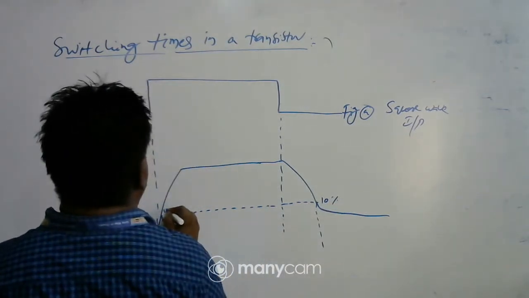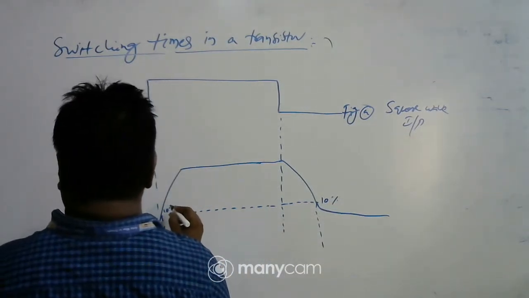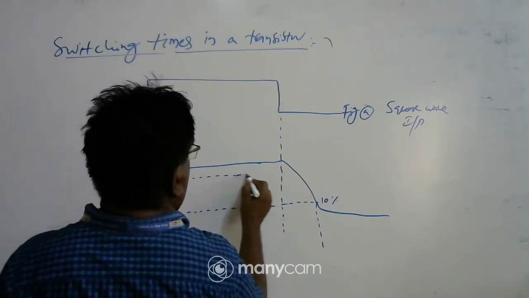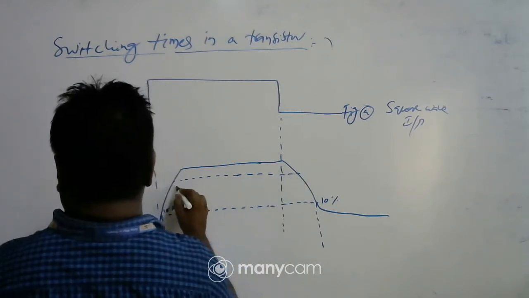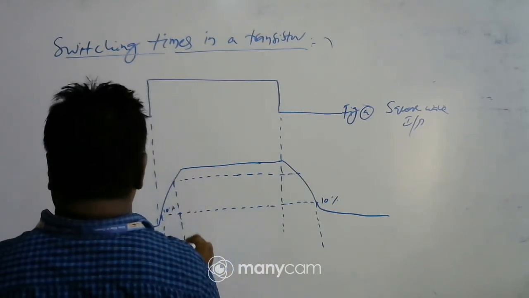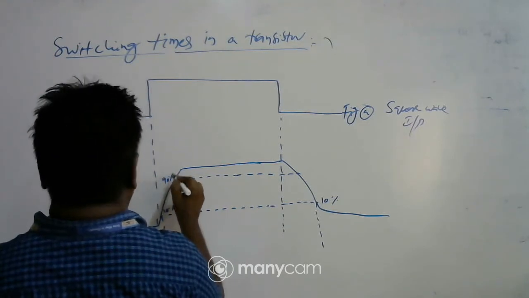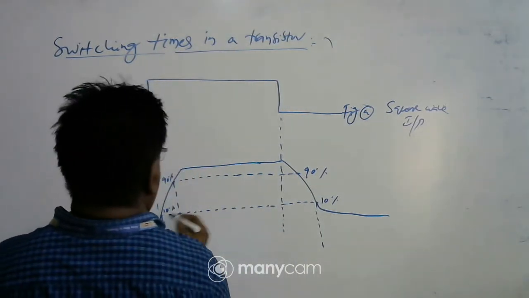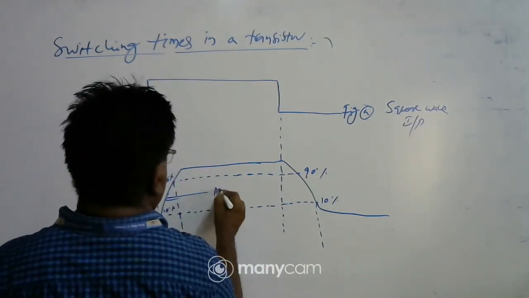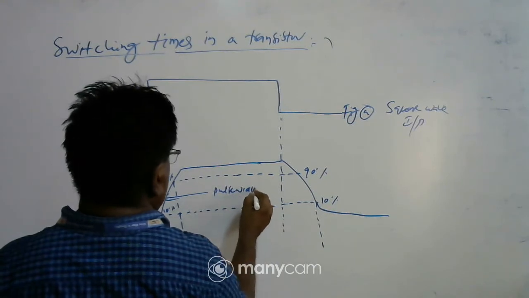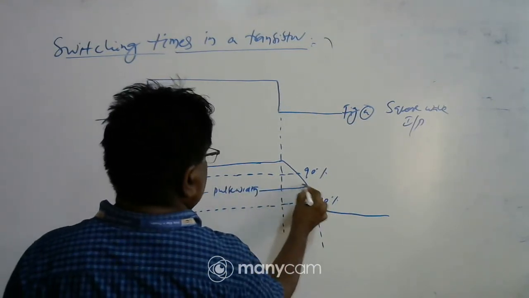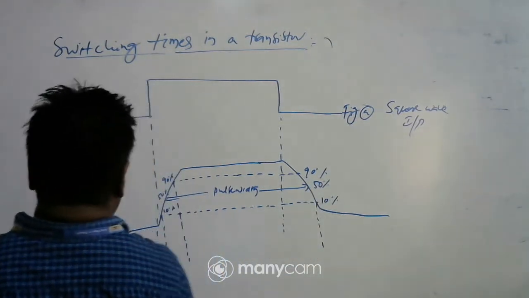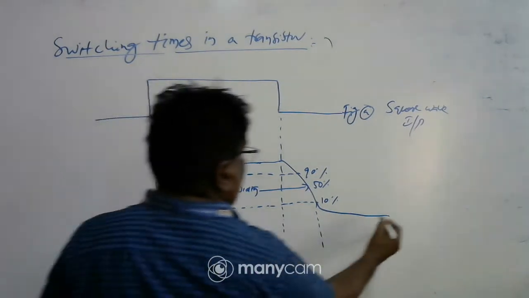Here also 10%. Next one, here also 90%. Pulse width, 50%. Here also 50%. This is 0 volts.